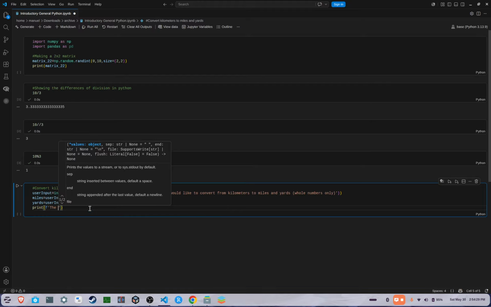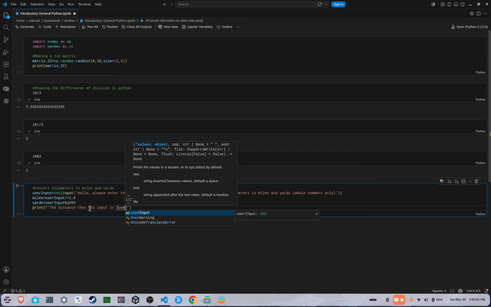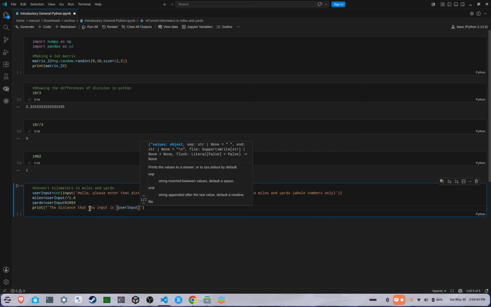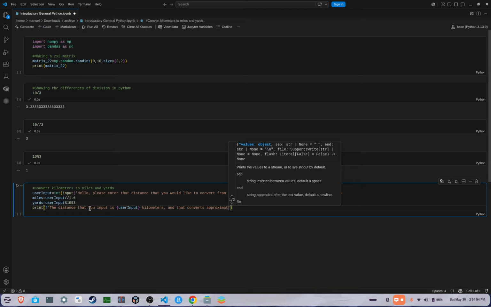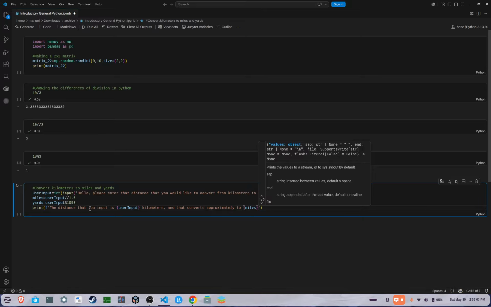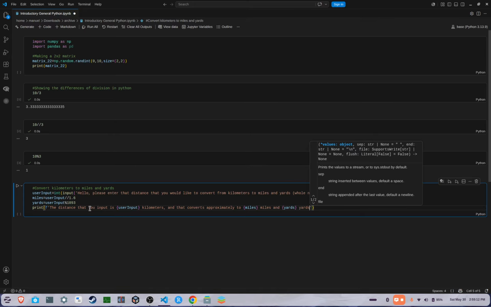So we're going to say the distance that you input is, and we're going to use these brackets, user input, kilometers, comma, and that converts approximately to miles, miles, and yards, yards.